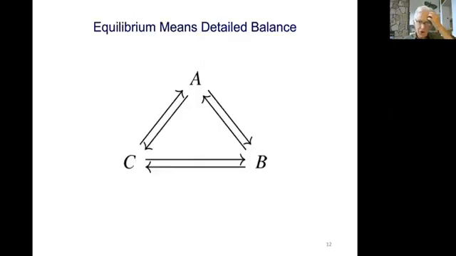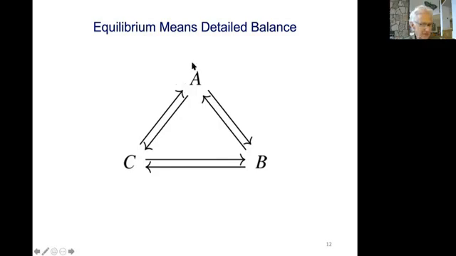Before I go there, I want to tell you about equilibrium and detailed balance. Equilibrium means that everything is in harmony and there's no net motion anywhere. But there can be motion, and there can be particles and energy moving.